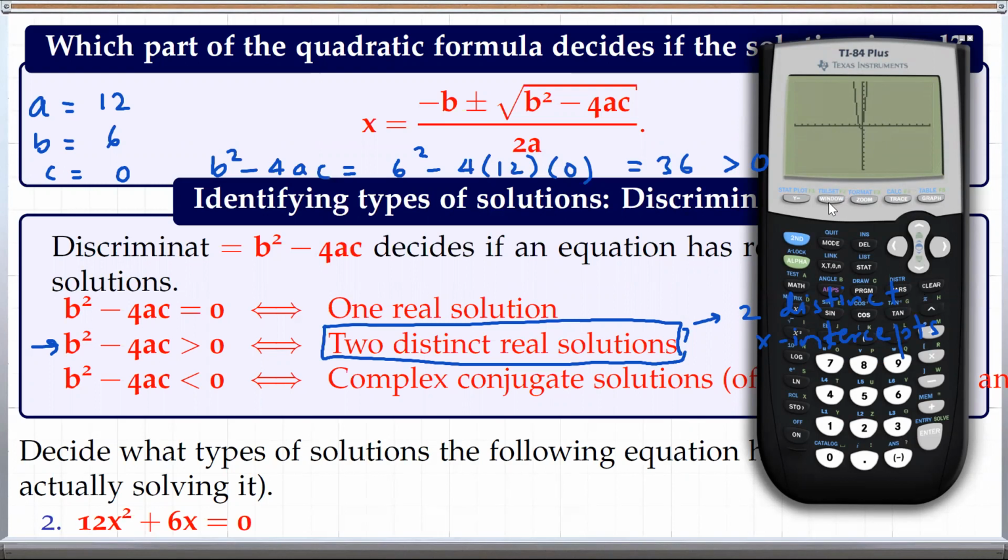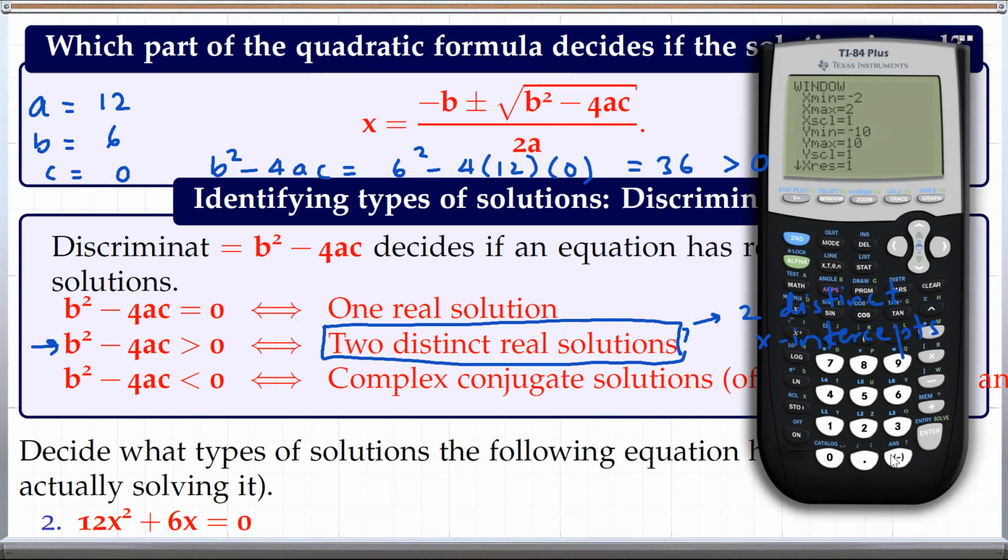Let's change the window a little bit more. It's like we need to stretch the x-axis. So let's do x min to be -2 and x max to be 2. Let's see, that gives us a better view. Let's also stretch the vertical axis so that we get to see the intercepts more clearly.